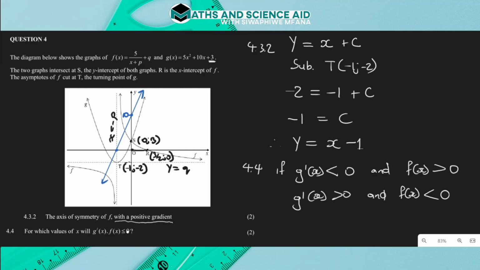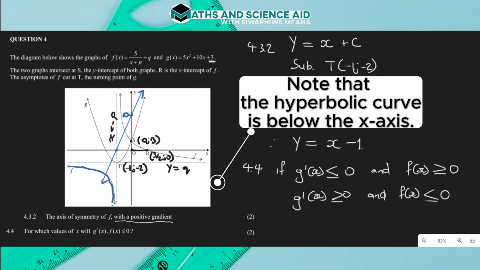But now we also have here or equal to, so obviously either one of them can be equal to 0 in order for us to get a product that is equal to 0. So now let's go back to our diagram here. So first thing, we can say that on this side, f of x is always less than 0.